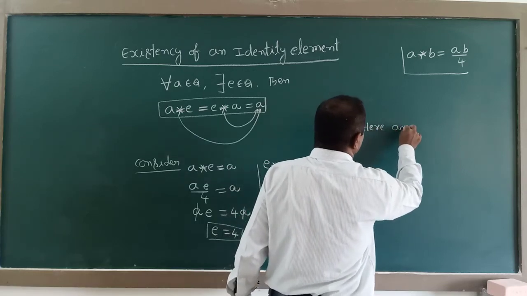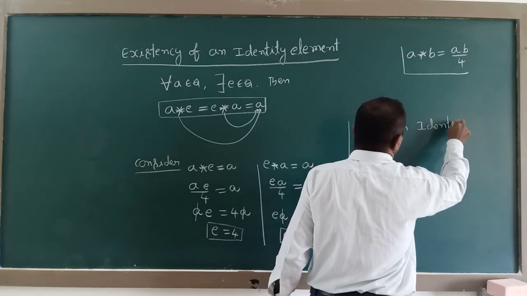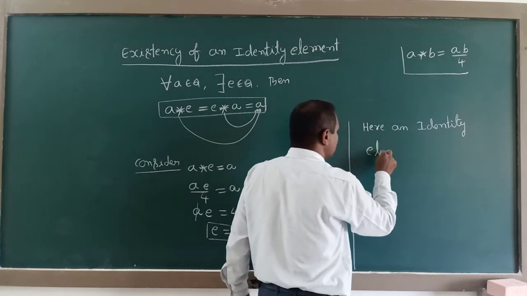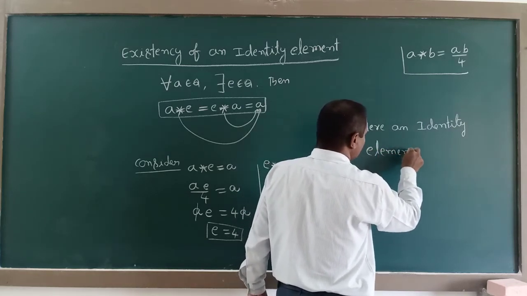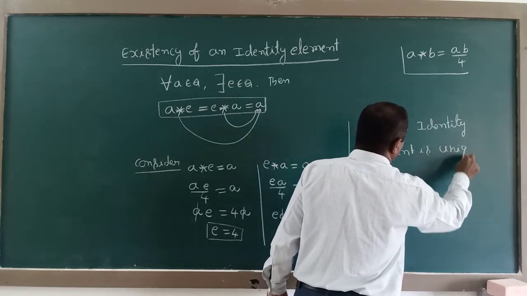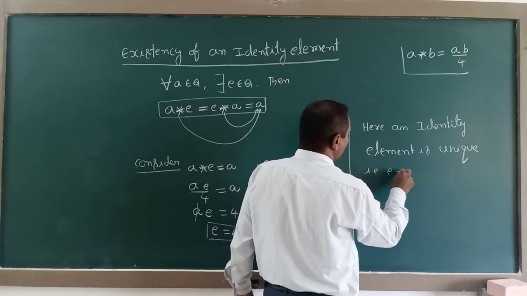An identity element is unique, that is E is equal to 4.